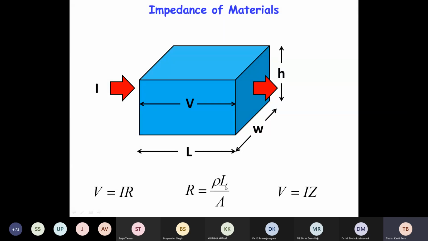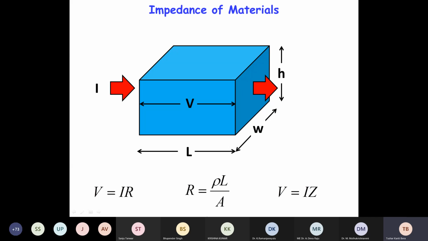And now we know that if we know the dimension of the material, we will be able to calculate the conductivity also if the resistance is known. So resistance is known from this equation, and the resistivity will be known from this equation if L and A are known. Now A is nothing but the area of the cross section through which the current is passing. So definitely we will be able to get the value of resistivity.